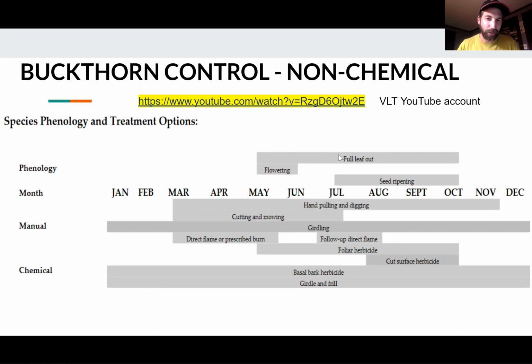We get into another principle, which is surfactants, and that is how the chemical actually enters the plant. That's the most critical piece that a lot of people don't understand. If you just go to Agway and buy Roundup off the shelf, and there's a bunch of different formulations of Roundup, it's probably not going to kill the target species, because buckthorn here that we're talking about is a woody plant.